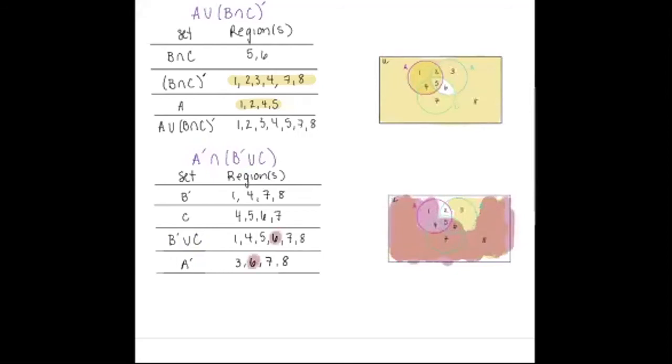So they have 6 in common, they have 7 in common, they have 8 in common. So their intersection talks about regions 6, 7, and 8 only. So ultimately, we are not talking about the same regions. These two are not the same thing. So we don't end up with the same region.